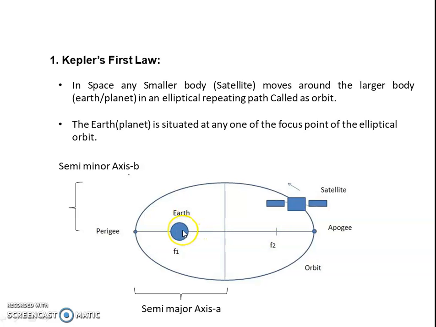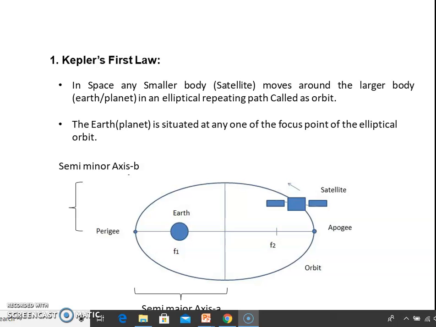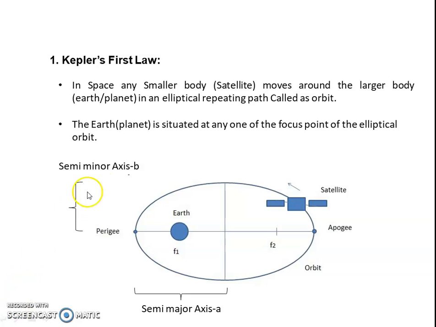So Earth can be either on focus point 1 or focus point 2. The shape of the orbit is dependent on the values of the semi-minor axis and semi-major axis.